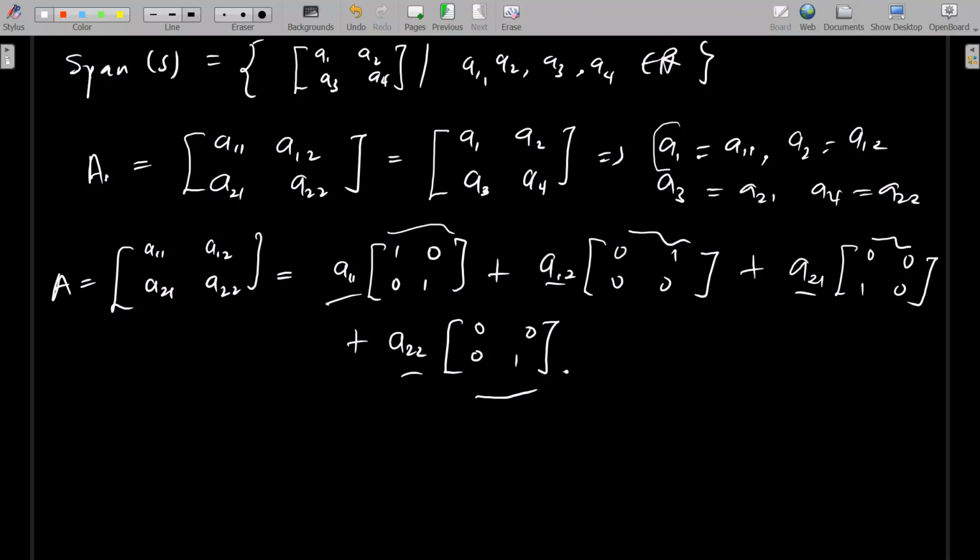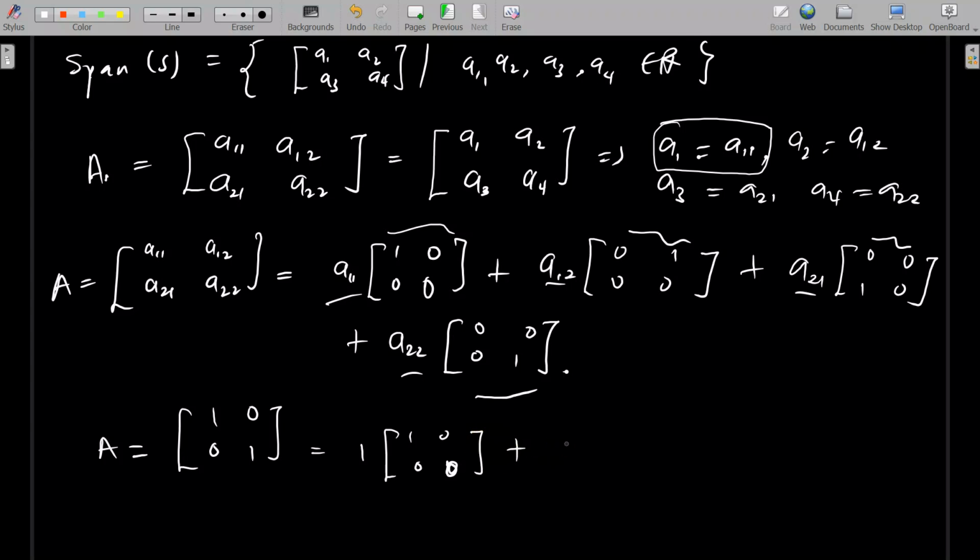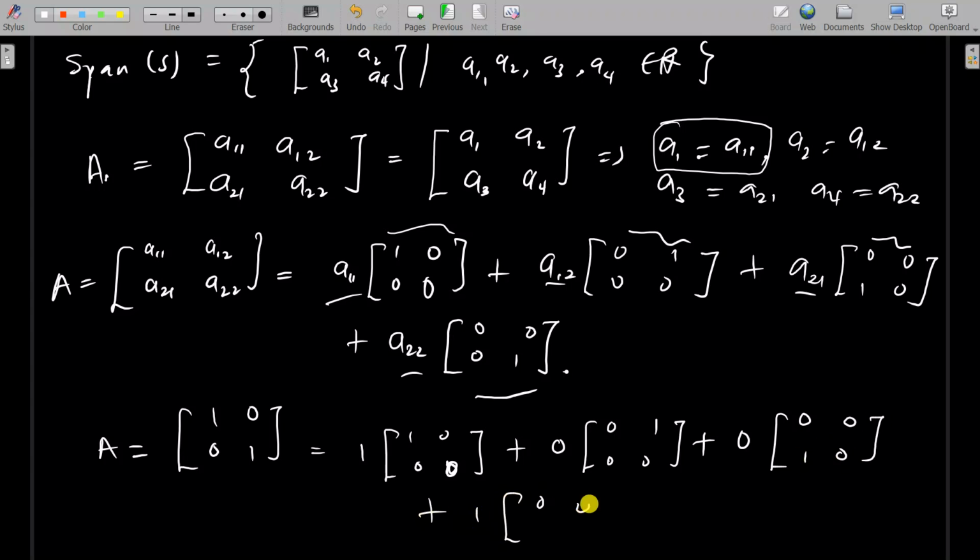You've been able to show that in the scalars you want to choose, A1 is A11. So if I pick a matrix, let's say the matrix 1, 0, 0, 1, then here A11 is 1, A12 is 0, so you can compare that. So this is equal to A11, which is 1, into 1, 0, 0, 0, plus A12, which is 0, into 0, 1, 0, 0, plus 0 into 0, 0, 1, 0, plus 1 into 0, 0, 0, 1.